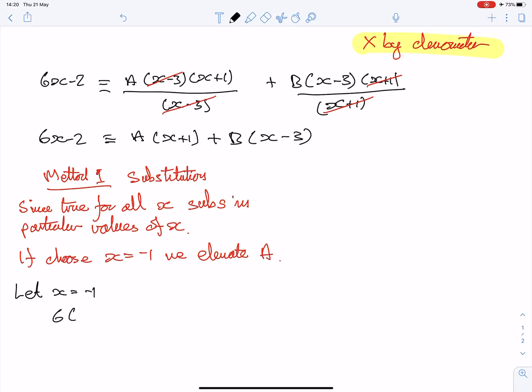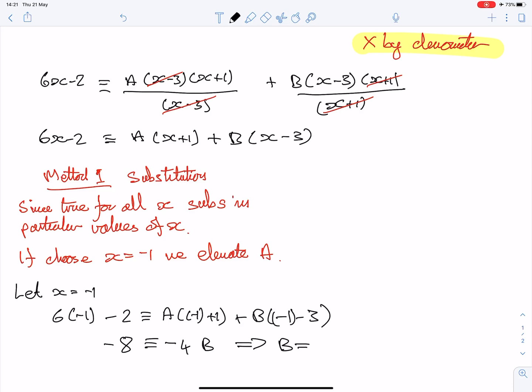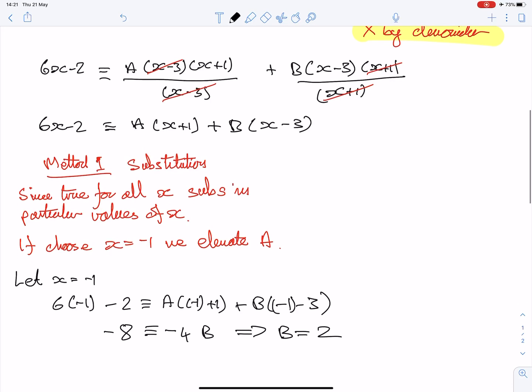So we get 6 lots of -1 minus 2 is identical to A lots of -1 plus 1, but we know what that's going to be, and I wouldn't bother to write that down in the future, plus B lots of -1 minus 3. So we get -6, take away 2 is -8, and -1 plus 1 is 0, so we've got no A's, minus 4B. So that implies B is equal to 2, dividing both sides by -4.